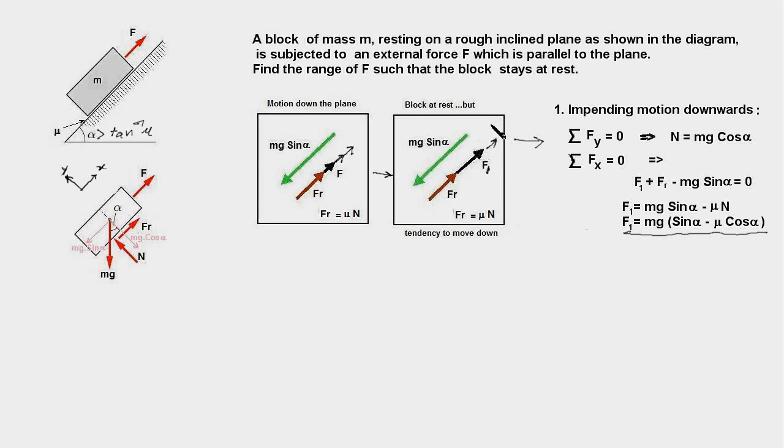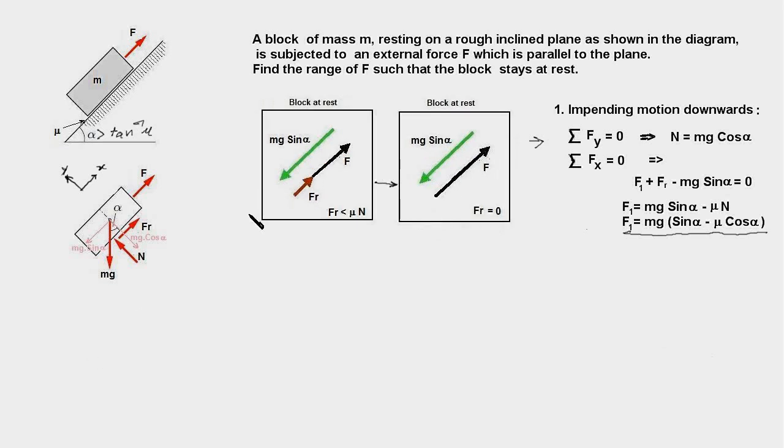No, that would be wrong, because the static friction is a smart fellow and it knows that by decreasing its magnitude it can keep the body in equilibrium. So what will happen is the magnitude of frictional force will reduce to accommodate the increase in the force F, and the combined force would still be equal to mg sin alpha, as you can see from the next diagram.